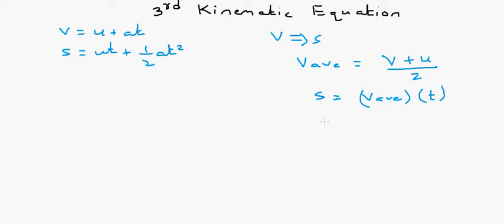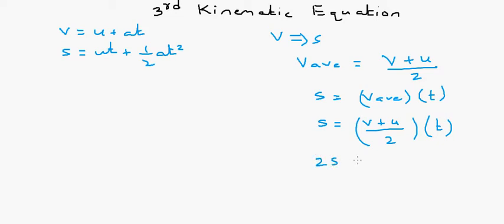First, what is v average? V average is v plus u over 2, right? So s is v plus u over 2, then multiplied by time. Now we have to have t on one side of the equation, right? So let's take this 2 over here on the other side.